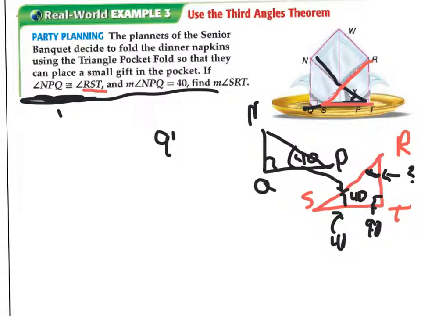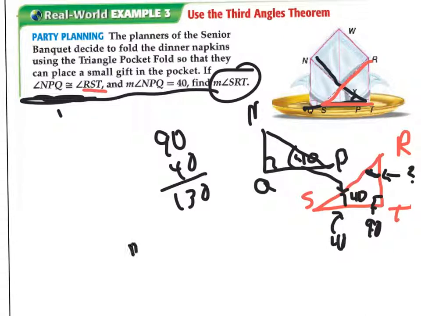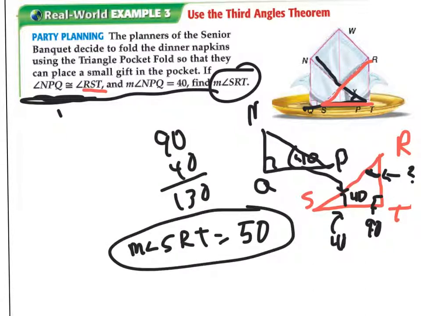So 90 and 40 is 130. And then the measure of angle SRT must be 180 minus 130, so that's got to be 50. Okay, so you have to remember a lot of old stuff along with a lot of this new stuff, but I think the most important thing is knowing that the order is important.